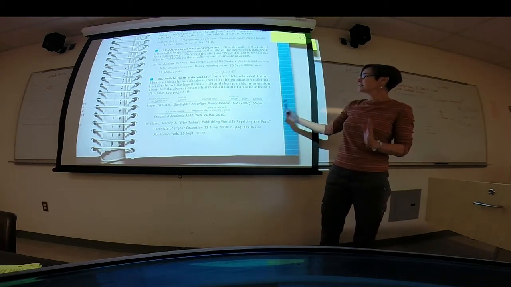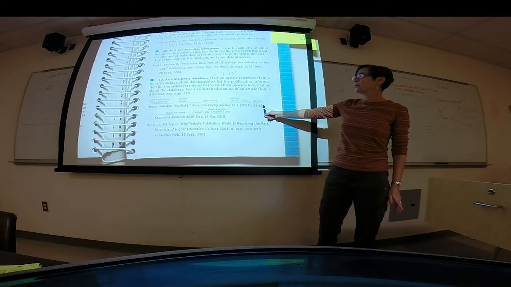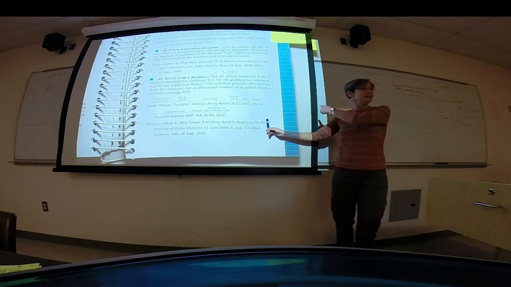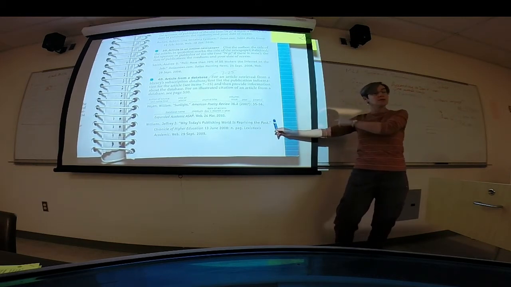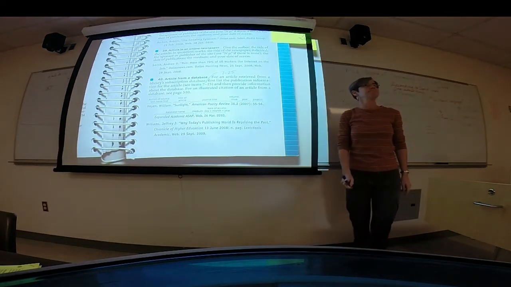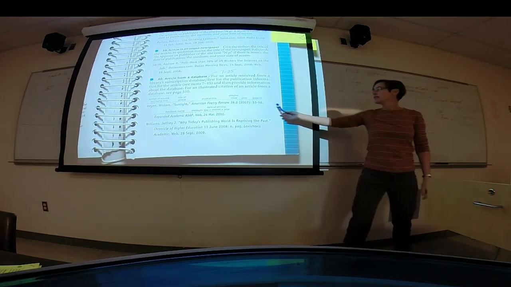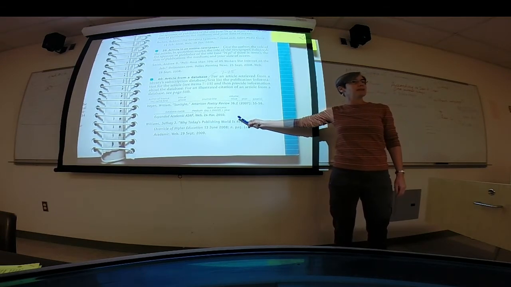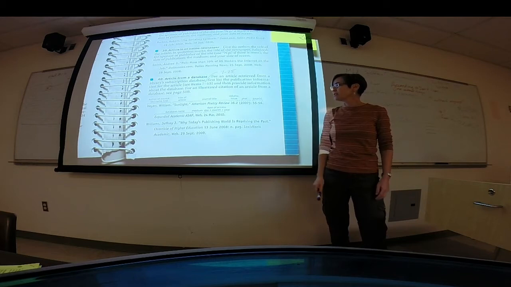Because everything is the same as if it were print, up through the page number, but instead of then having the word print, as I did on the examples I wrote on the board earlier, you have the database, the word web, the date of access, right? Everything else is the same, whether it's print or not print, except that sometimes you don't have a page number, so that's one other variation.